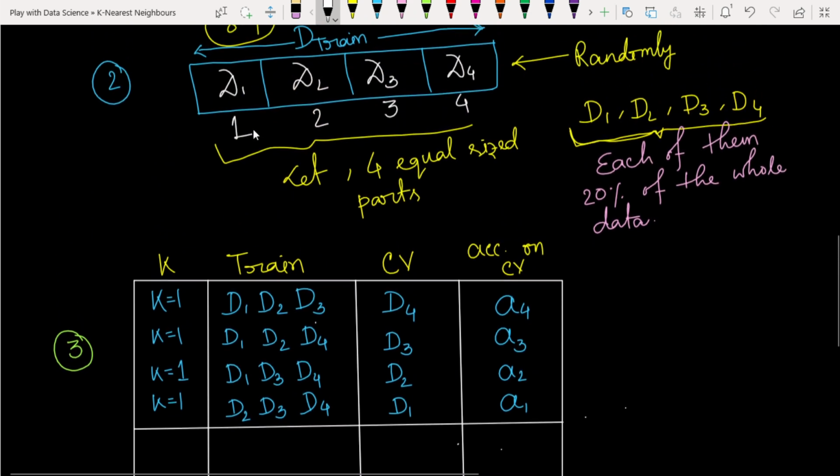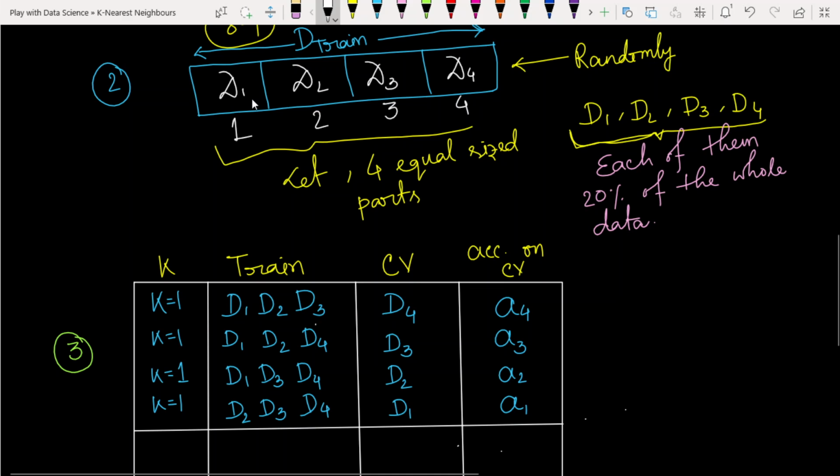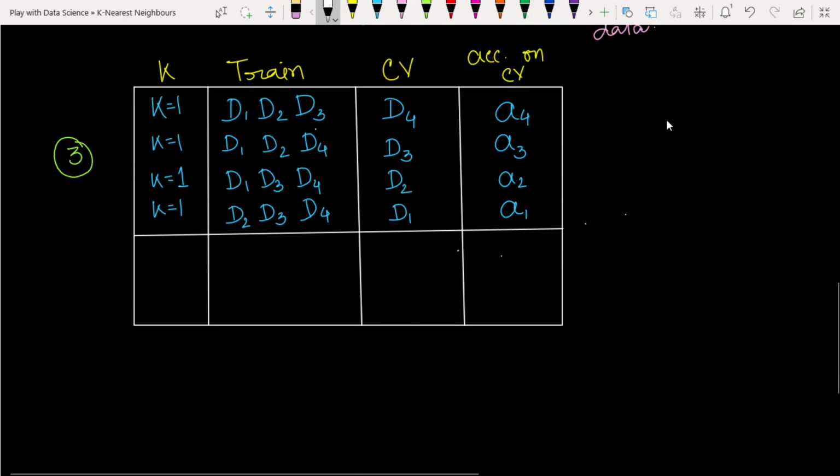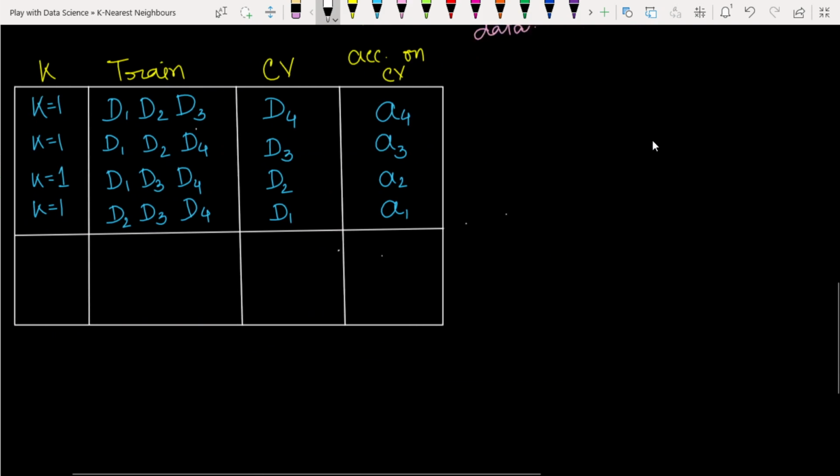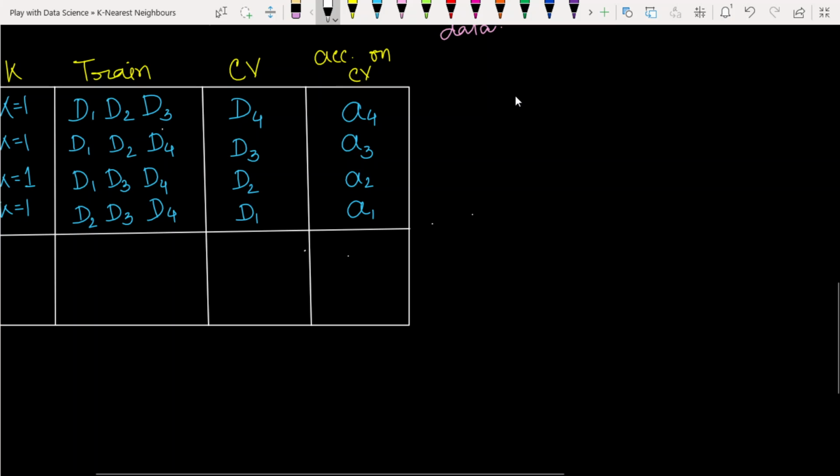I take one chunk for cross validation, and I repeat this until we have taken every chunk as the cross validation data, and the rest of the data we take as training data, and then we find its accuracy. So when we have taken the cross validation, we find the best k like that.